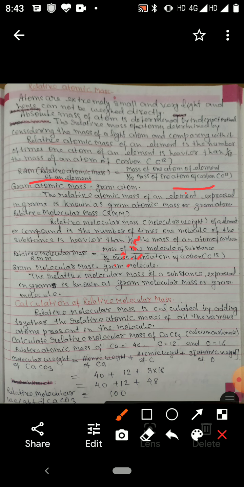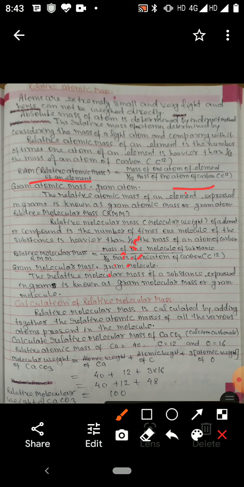Next is gram atomic mass or gram atom. How can we calculate gram atomic mass or gram atom? The relative atomic mass of an element expressed in gram is known as the gram atomic mass or gram atom of the element.